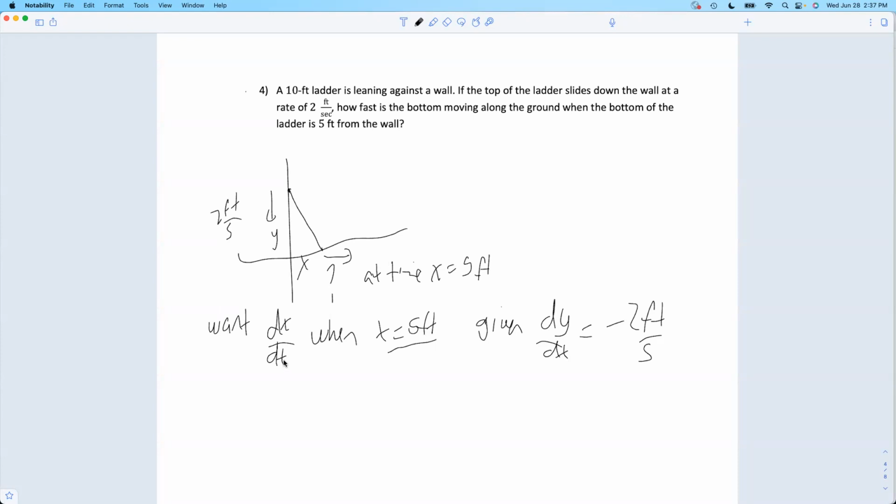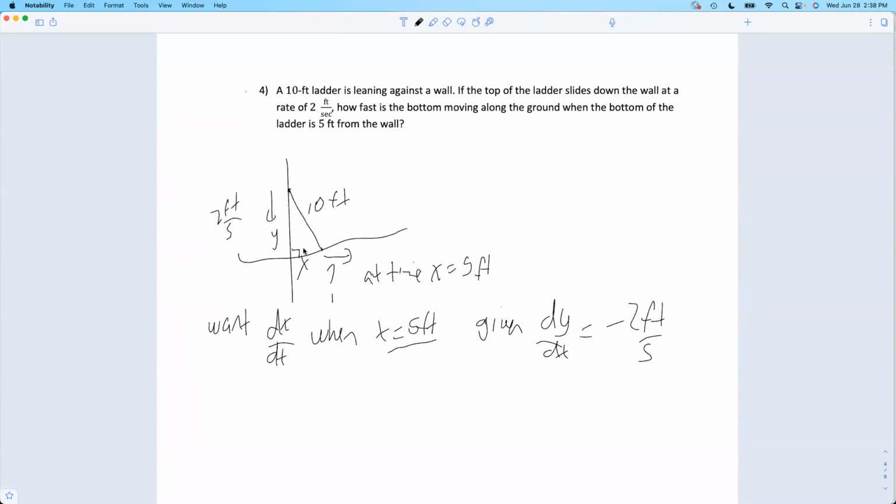Okay, so it's a related rates problem. We've drawn a picture and defined all of our variables. Now we've got to somehow find a relationship between these variables. Well, I know this side doesn't change. That's the length of the ladder. That's a right triangle.